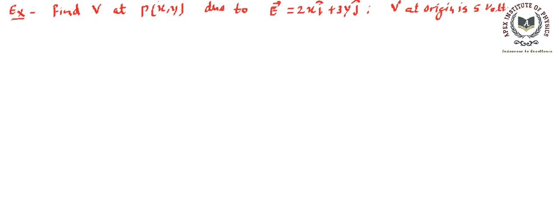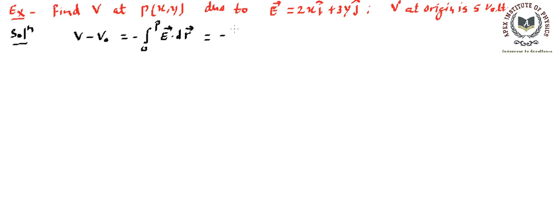You can pause this video and solve this, and I'm solving it here. So the solution should be like this. We can say potential at any point minus potential at origin will be equal to minus the integration from origin to that point P of E dot dr. Since it is in the Cartesian coordinate system, as we have earlier talked about, it can be fragmented into different coordinates.